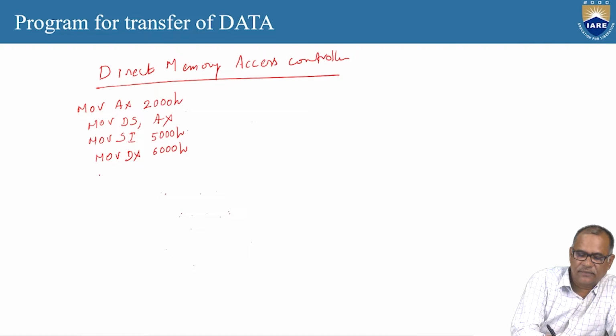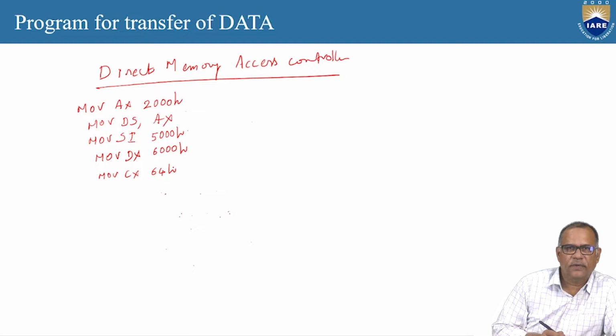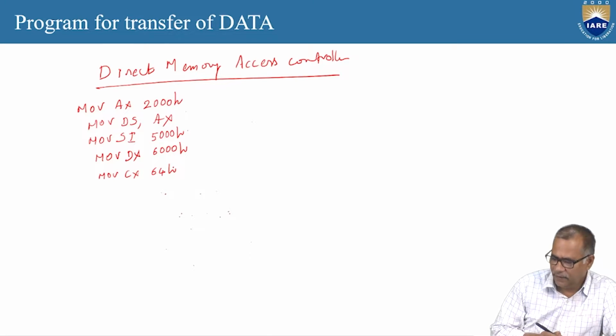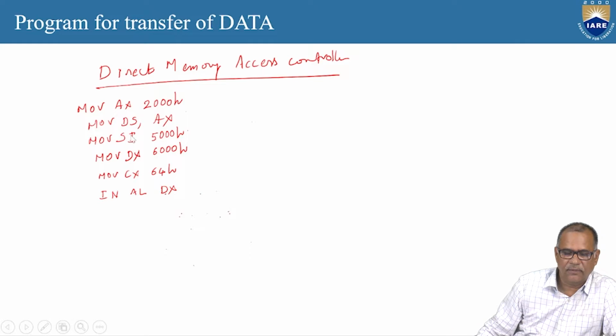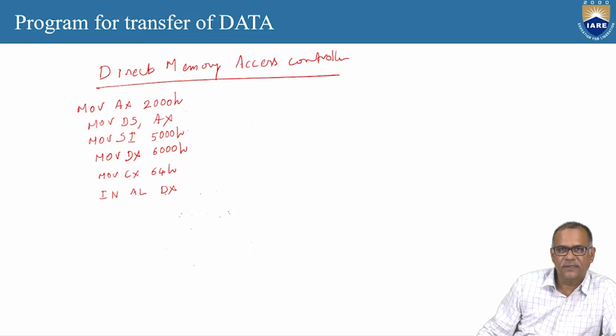Then MOV CX, 64H. Let us say I want to transfer 64H amount of data. 64H means 100 quantity of data. Then IN AL, DX. So that means I am getting the data from the I/O device whose address is 600H into the AL register.